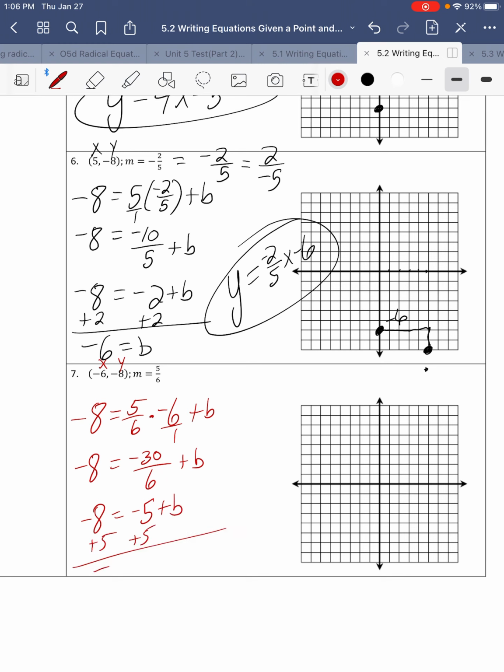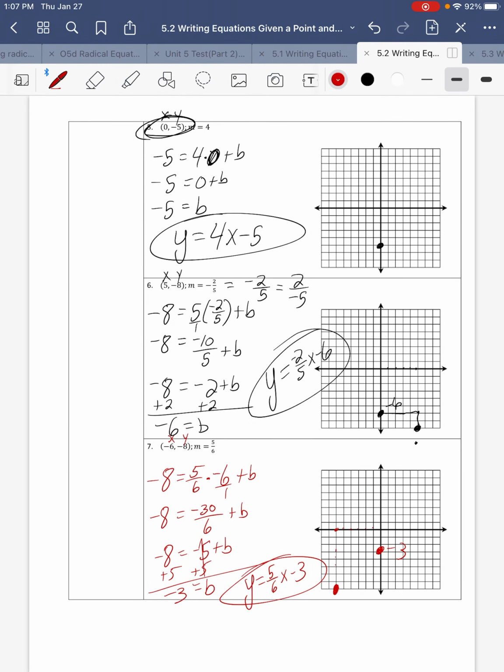You're going to add 5. -3 equals b. So you're going to have y equals 5/6 x minus 3. Let's graphically do this. -1, 2, 3, 4, 5, 6, -8. And then go up 5, to the right 6. There's your y-intercept at -3.